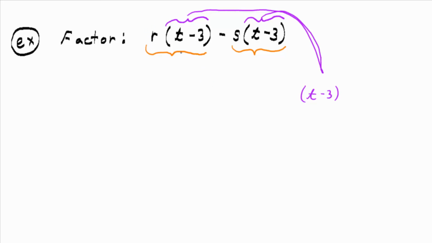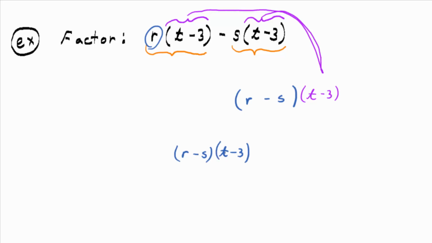If you take out the t minus 3, what's left? R. That's from the first term. That r is left, right? When you factor out the t minus 3. What's left from the second term? Minus s. And I made my parenthesis a little wide there, so I'll bring it in like that. So the answer is the quantity r minus s times the quantity t minus 3.